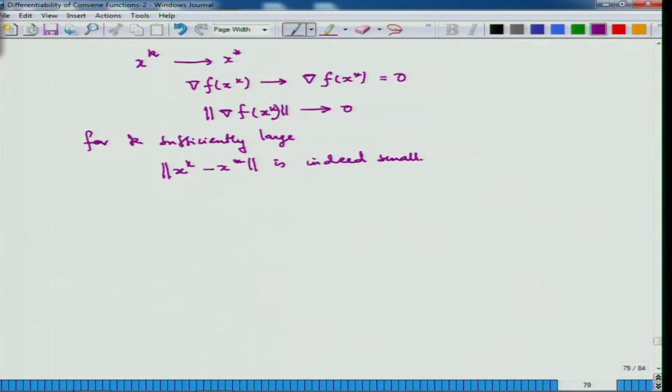So, which means that if we are on a sequence of points which is going to the infimum, my error bound is actually telling me how close I am coming.